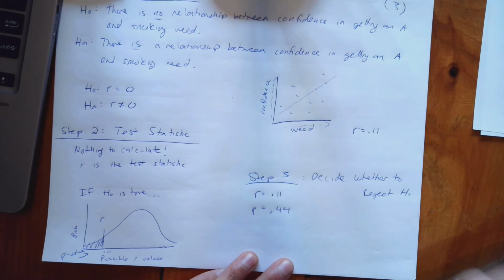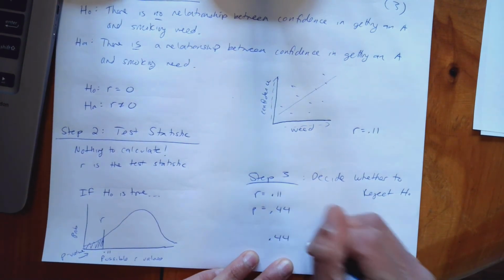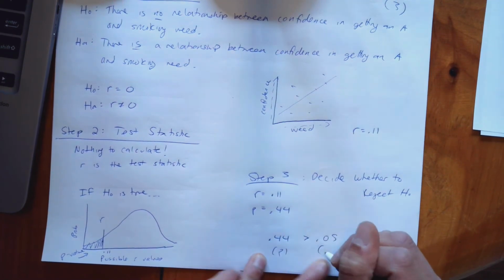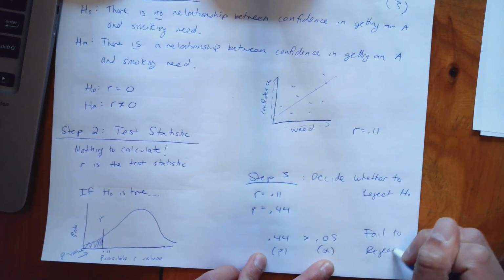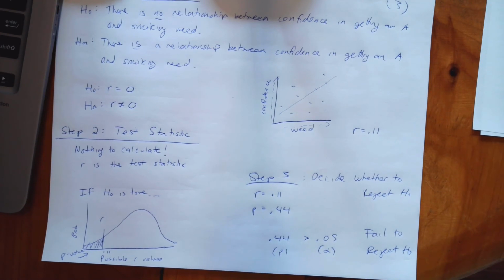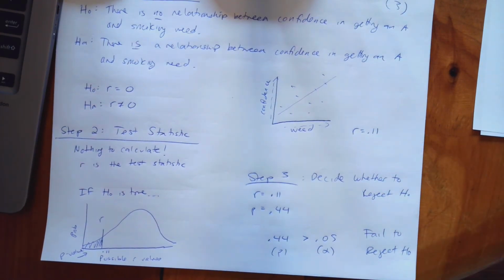So at our standard alpha level of 0.05, we fail to reject the null hypothesis that there is no relationship between these variables. So this positive relationship that we saw in our sample isn't enough evidence for us to rule out the idea that confidence in getting an A and smoking weed are related to each other.